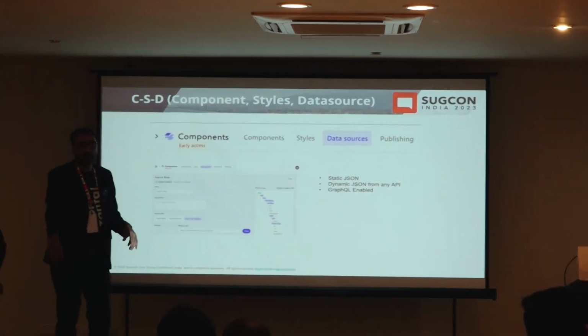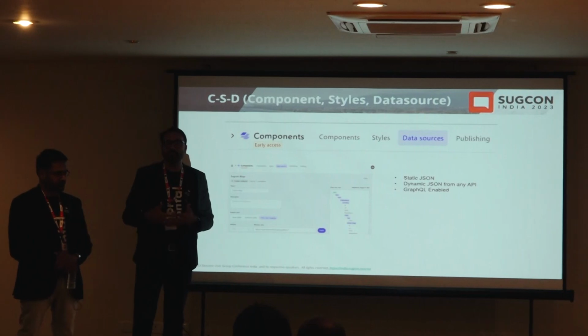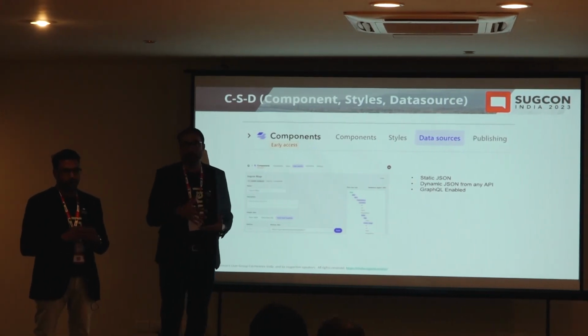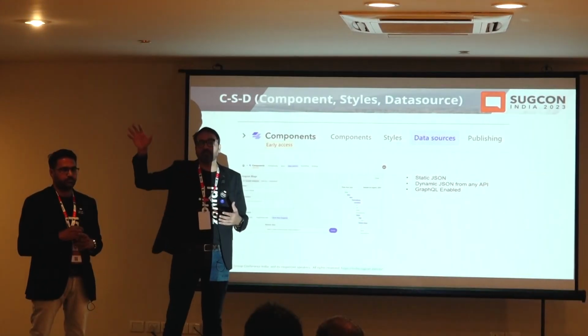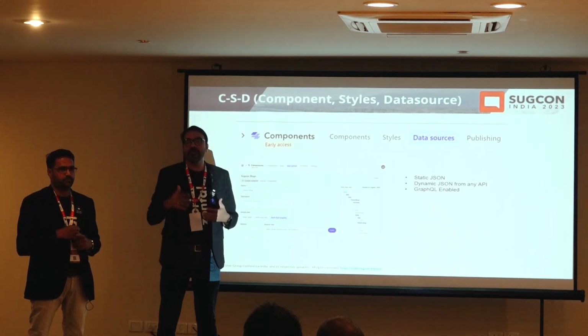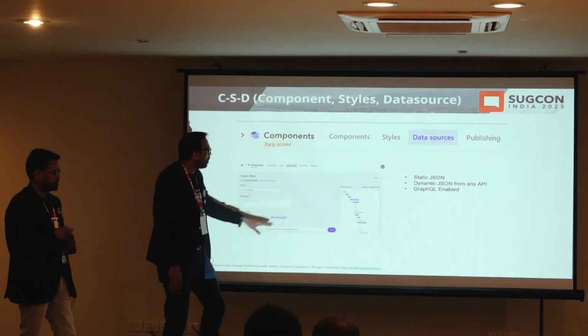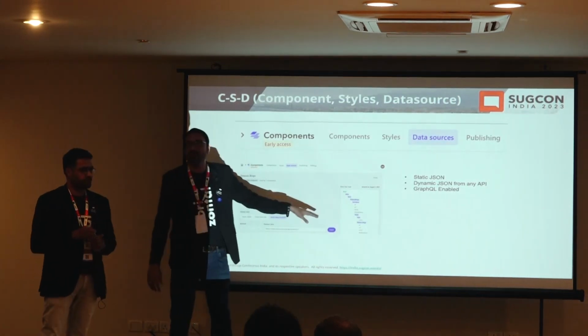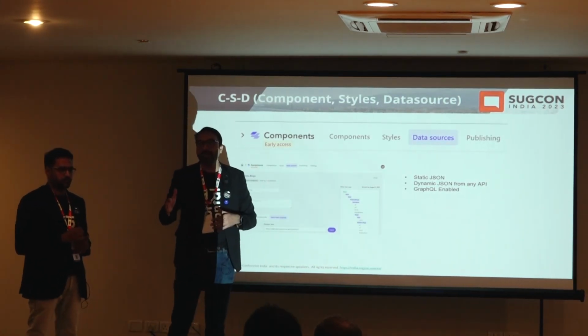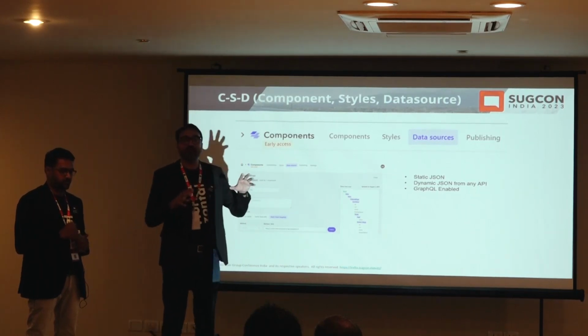A use case can be, consider your website is behind the firewall and it is not able to ping some service to continuously get the data. In that case, you get the JSON, you put it here, and on the right-hand side, it will give you the schema of your particular JSON, and then you will be able to map it without any code.